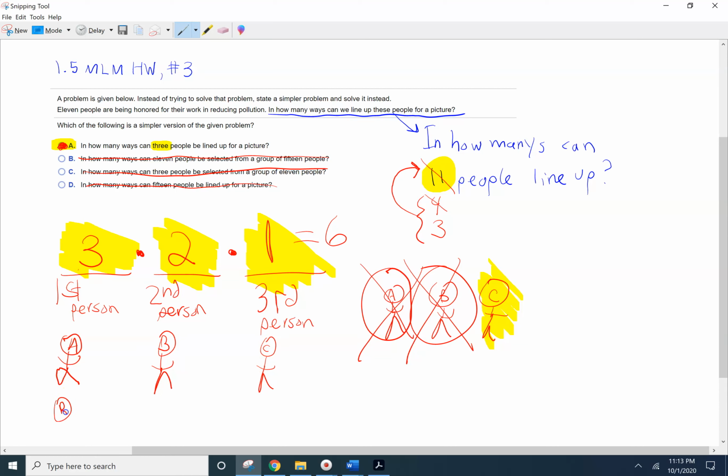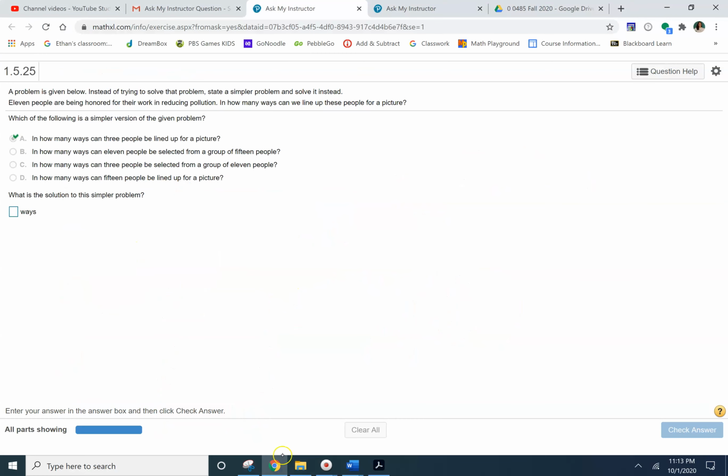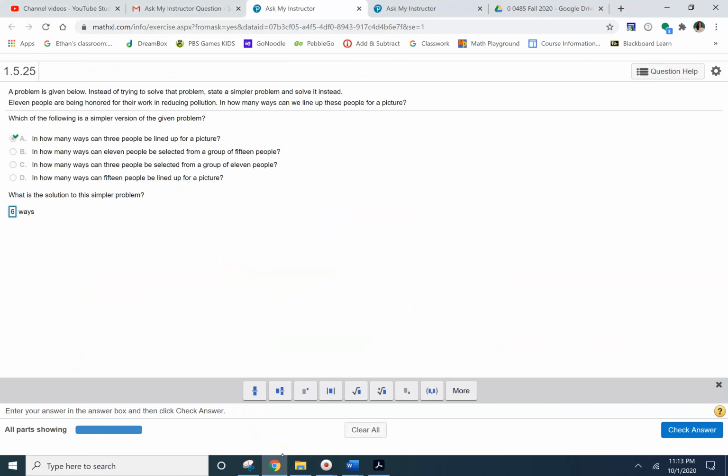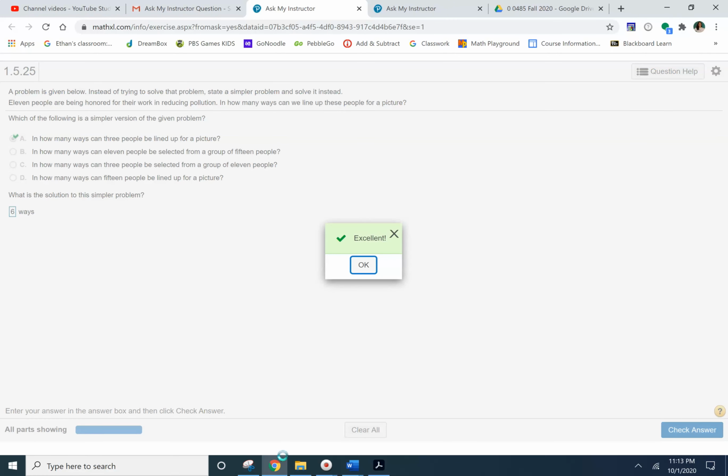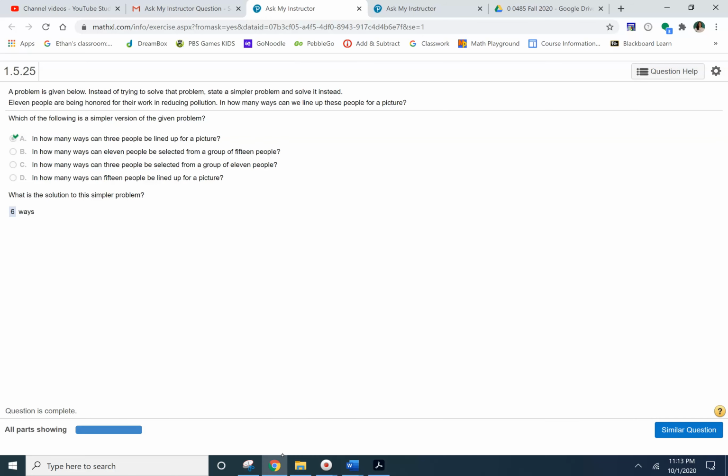Person B could have come first, and then A, and then C. Or person B could come first, then person C, then person A. I could list all these combinations, but I know there's going to be 6 total ways to line up these people. Let me make sure that's the right answer. I'll type 6 in here, and that was correct.